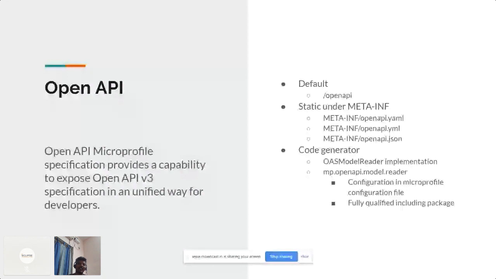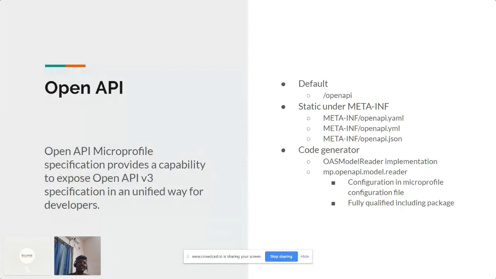In this context, if you take this approach, you can generate the OpenAPI specification, or you can create it by hand, and you need to put it under META-INF. Once it is available, the moment you call /openapi, this static file will be picked up and shared with you.